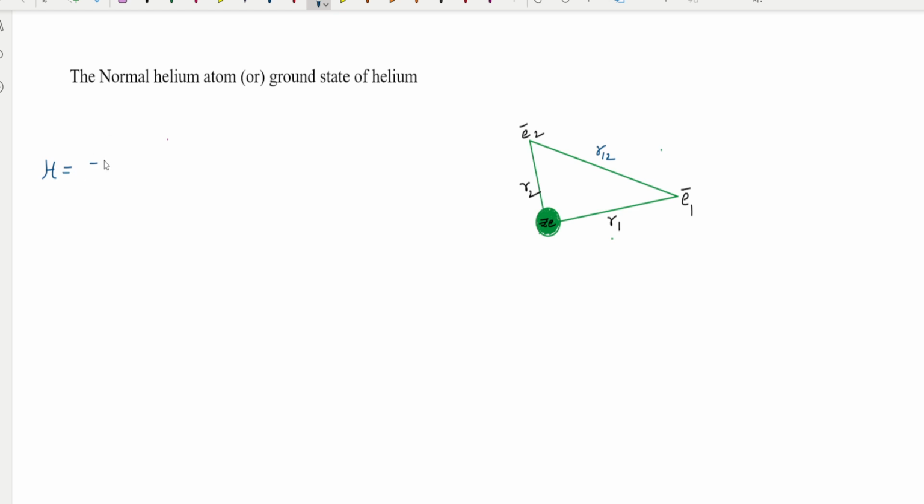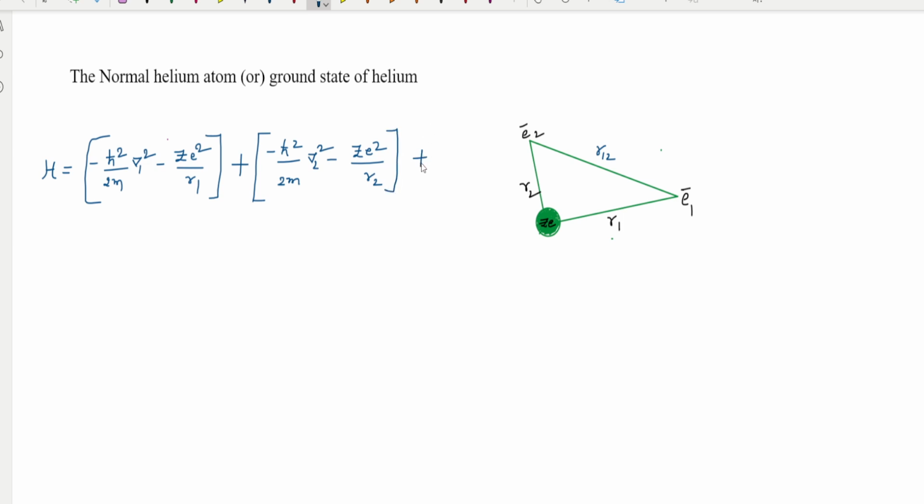Hamiltonian H equal to the kinetic energy of the first electron and the respective potential energy of the first electron, and minus h cross square divided by 2m del 2 square minus Z e square divided by r2.